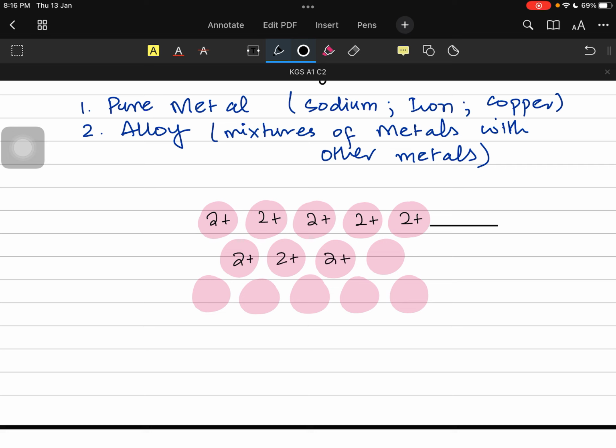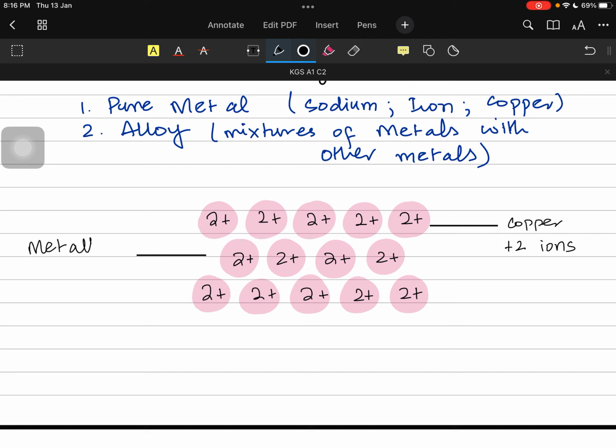Each copper atom loses 2 electrons. It totally depends on their valency, by the way, but I am making them lose 2 electrons. So these are copper 2 plus ions.